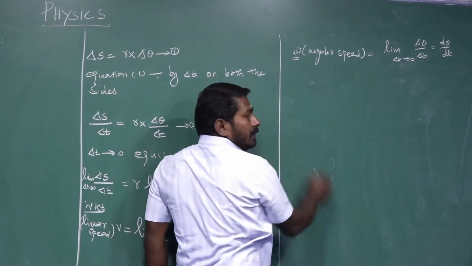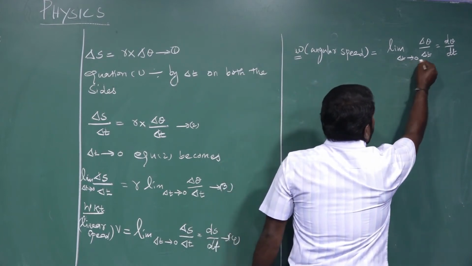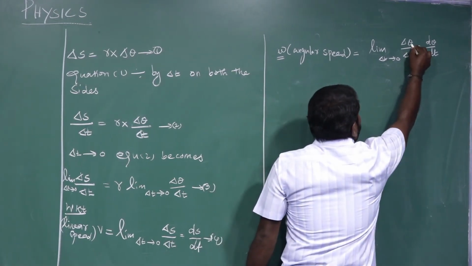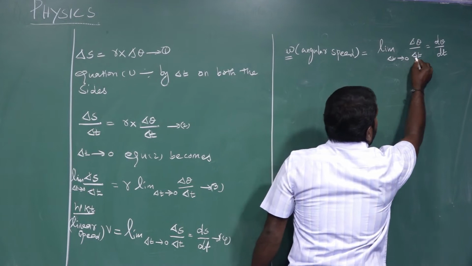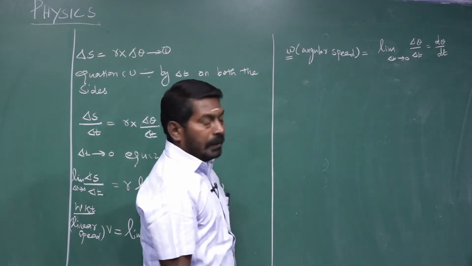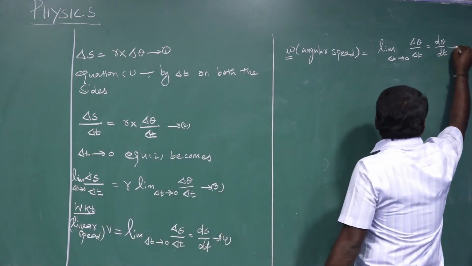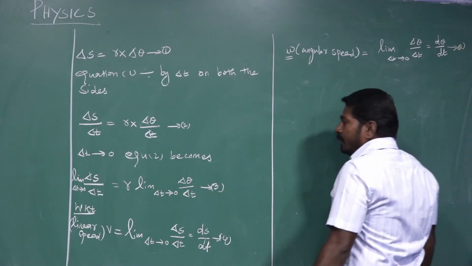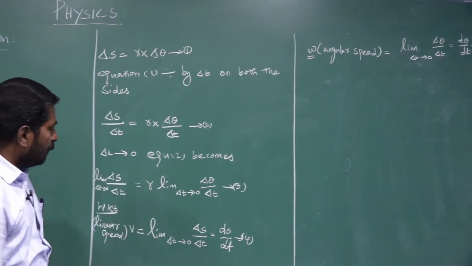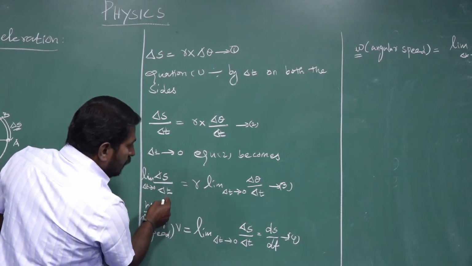So angular speed in circular motion is the change in angular displacement with respect to change in time interval, that is, the rate of change of angular displacement, which is called angular speed. So see equation 4 and equation 5. Substitute equation 4 and equation 5 in equation 3.